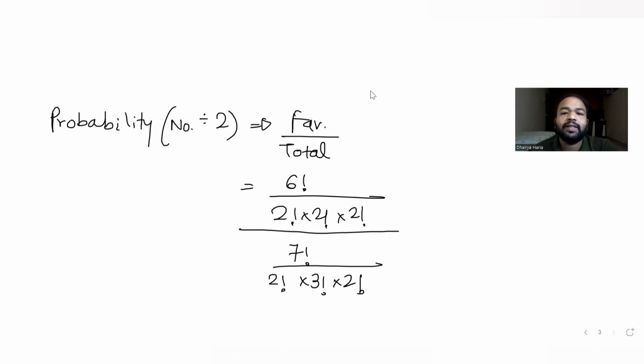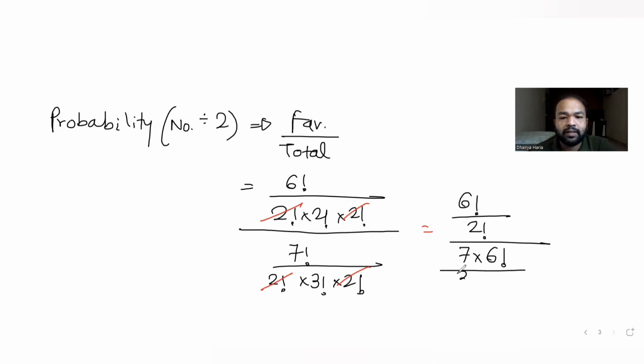Now I can directly cancel 2 factorial here and here also. I can write 7 factorial as 7 into 6 factorial and 3 factorial as 3 into 2 factorial. Again I can cancel 6 factorial and 2 factorial.